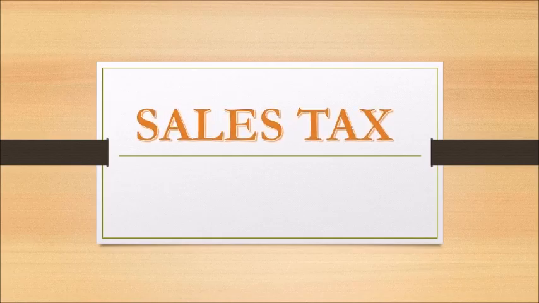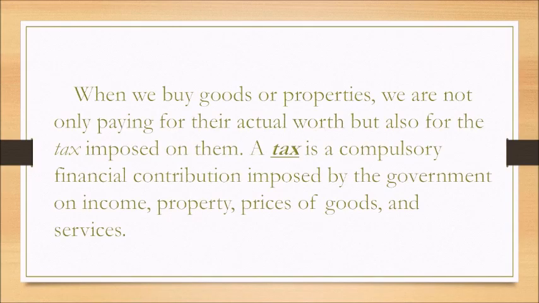Okay? Next is sales tax. When we buy goods or properties, we are not only paying for their actual worth, but also for the tax imposed on them. A tax is a compulsory financial contribution imposed by the government on income, property, and prices of goods and services.